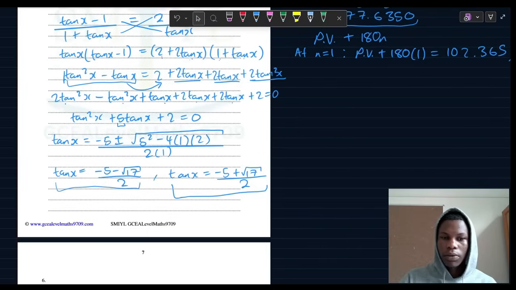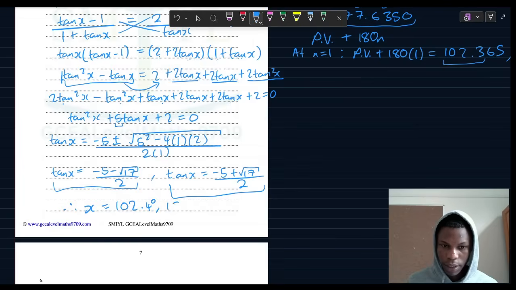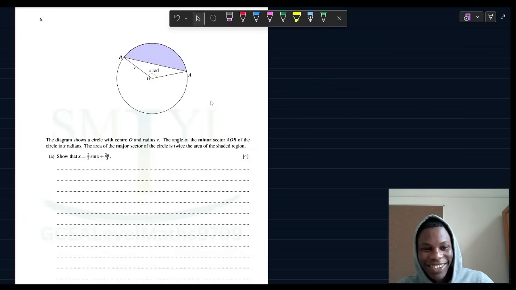And so here we can conclude that therefore x is equal to, rounding off to 1 decimal place, 102.4 degrees, and the other solution is 156.3 degrees.